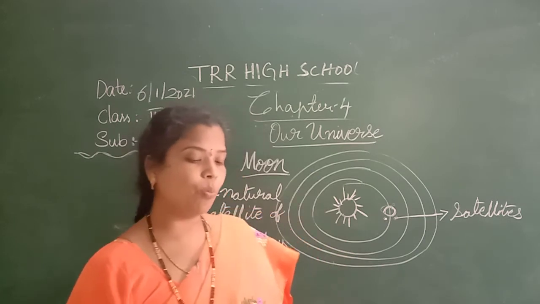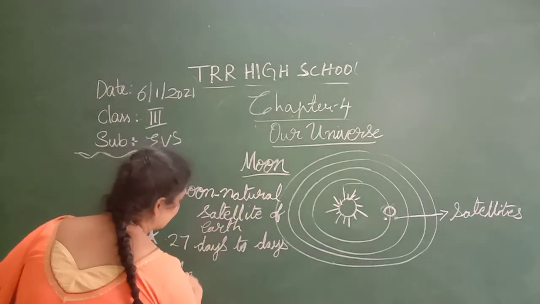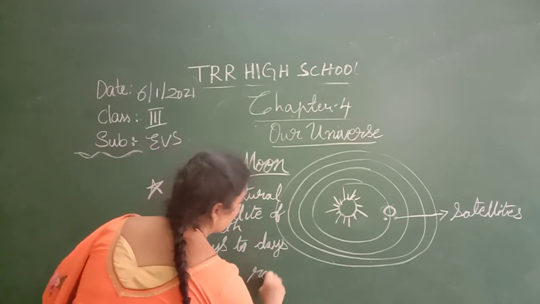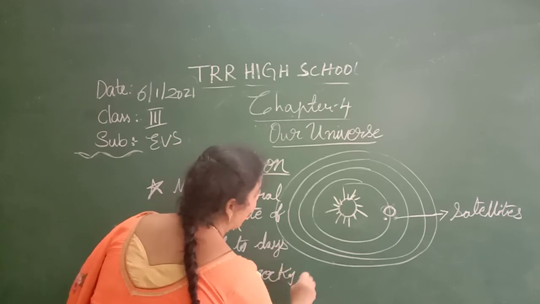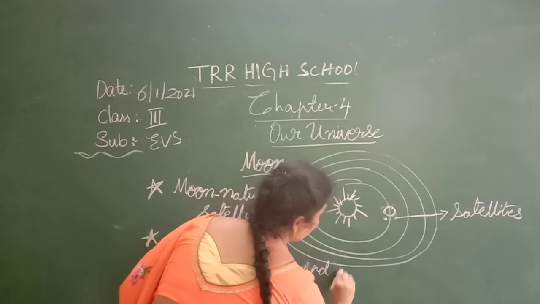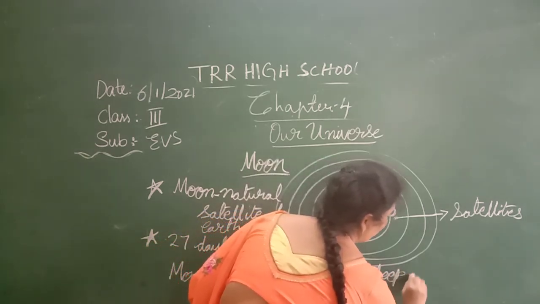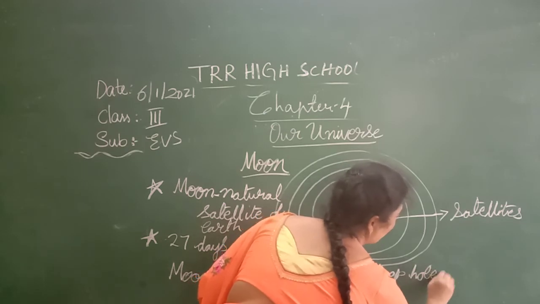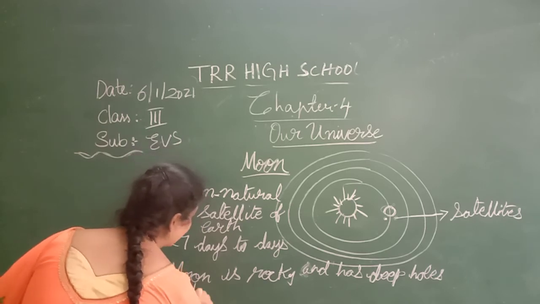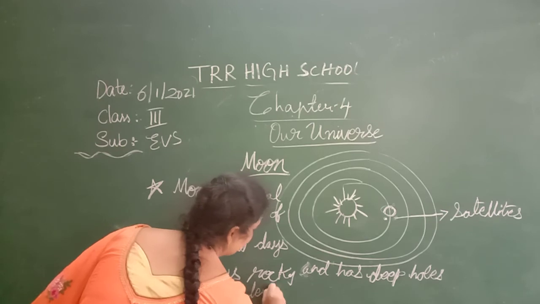Then the moon is rocky and has deep holes called craters.